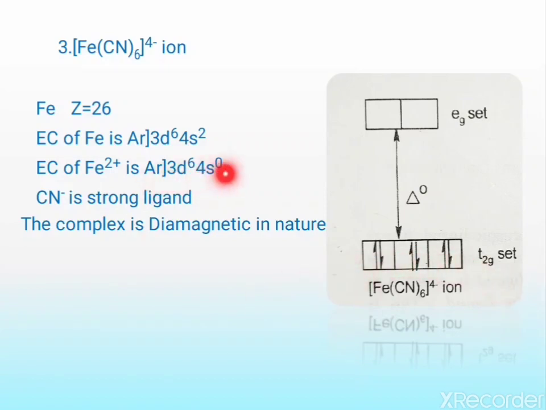Here d has 6 electrons, so all 6 electrons come to the t2g set only. It doesn't contain unpaired electrons, hence this complex is diamagnetic in nature.